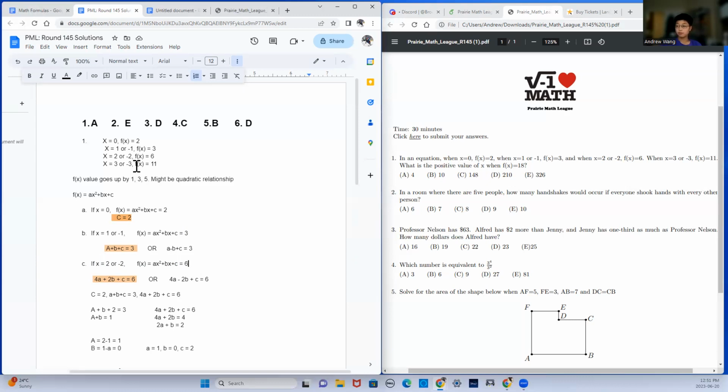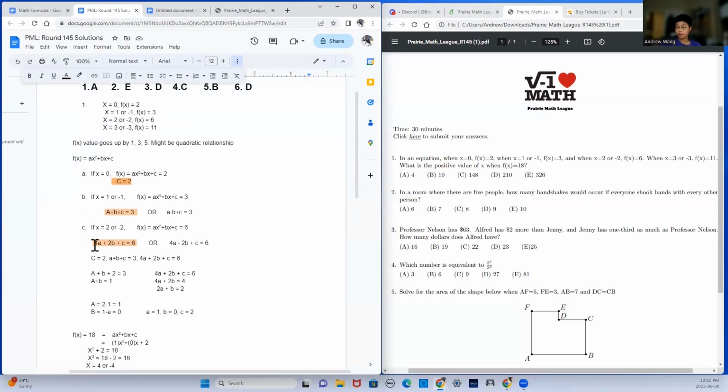If we use x equals 2 and substitute into the equation, we get 4a plus 2b plus c equals 6. But if we use -2, it changes a bit, and it becomes 4a minus 2b plus c equals 6. As with the b one here, we will still use the +2 one, so it's 4a plus 2b plus c equals 6.